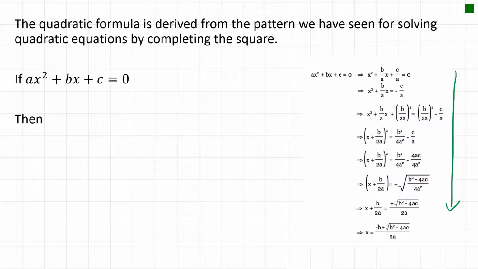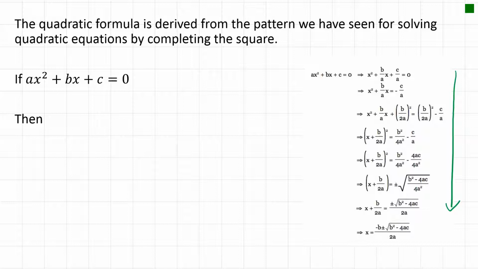If you're interested, you can do a YouTube search or a Google search and find lots of pages or videos that will guide you through this derivation. But really, being able to do that derivation or follow it is not necessary. Just being able to use the formula itself is what's required.